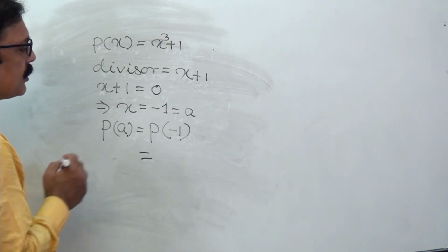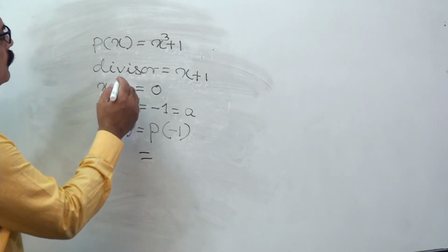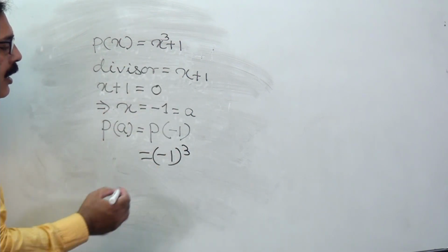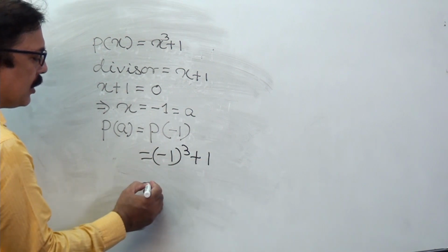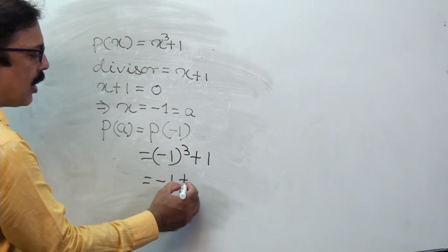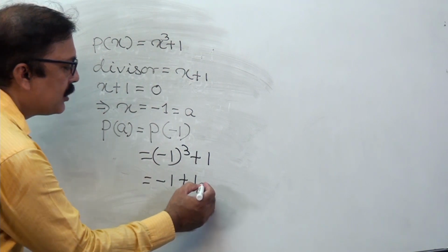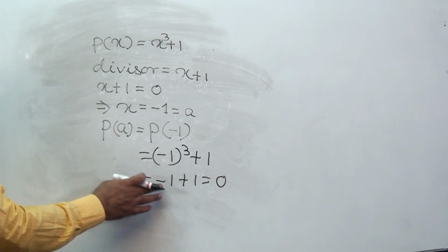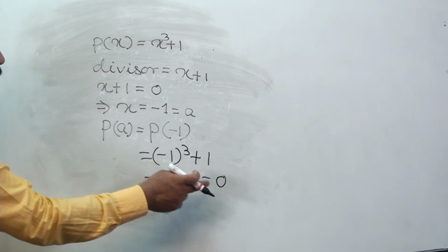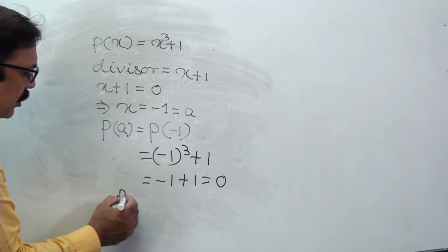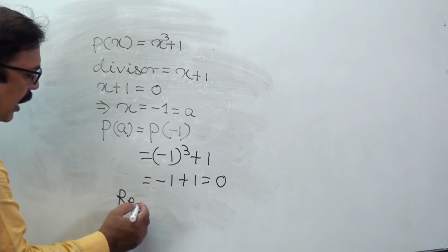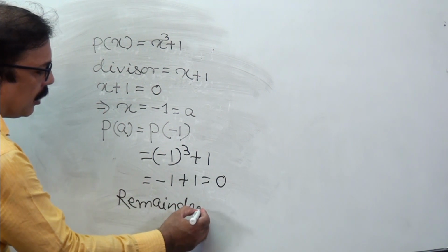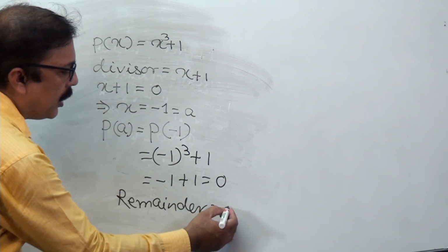So what gives P(minus 1)? That is minus 1 to the power 3 plus 1. This gives minus 1 plus 1, which is equal to 0. Now see, we get P(a) equal to 0. So if the division would be there, then the remainder would be 0.